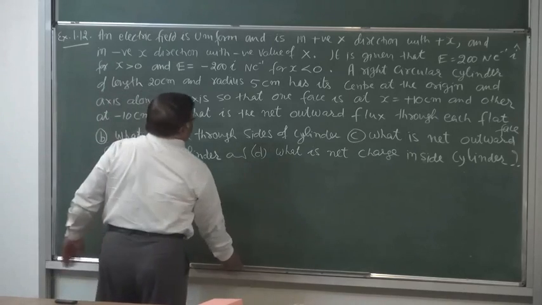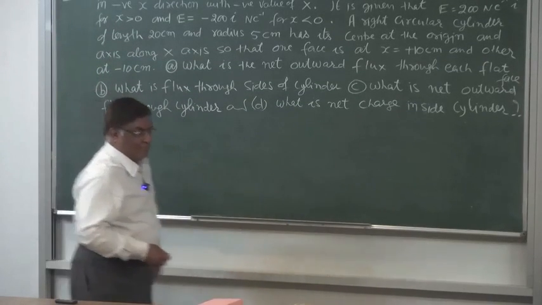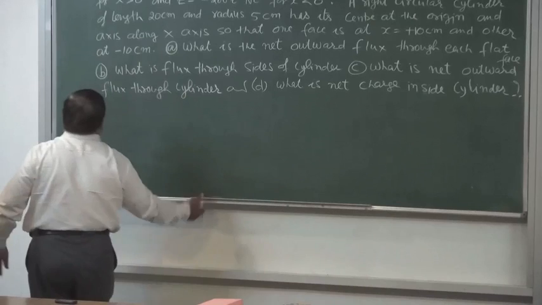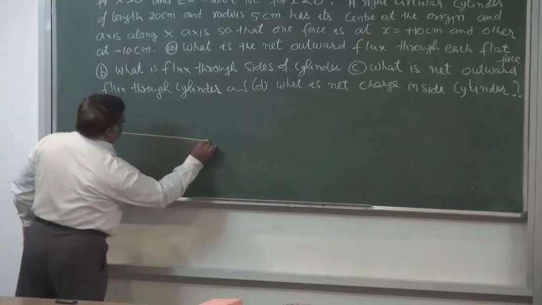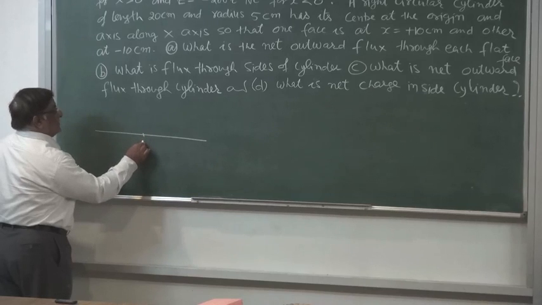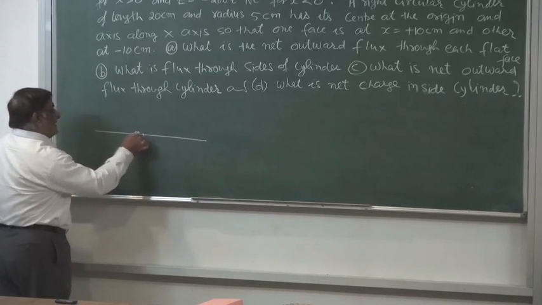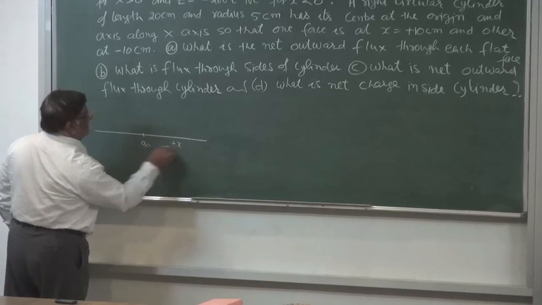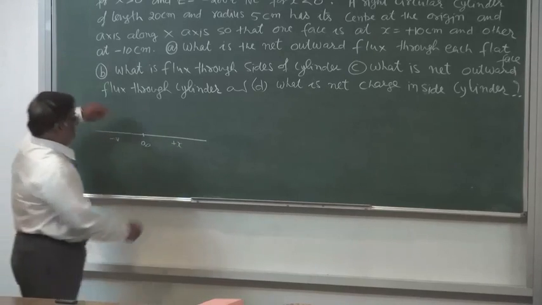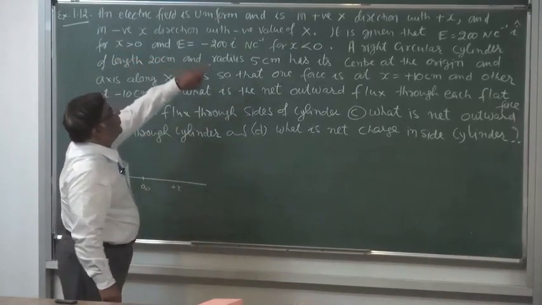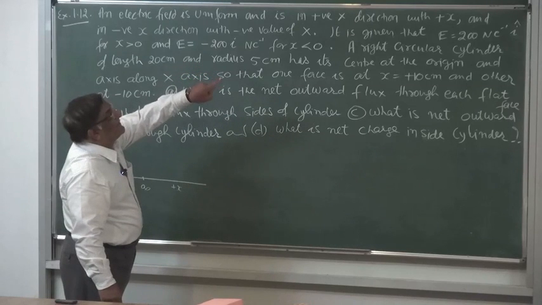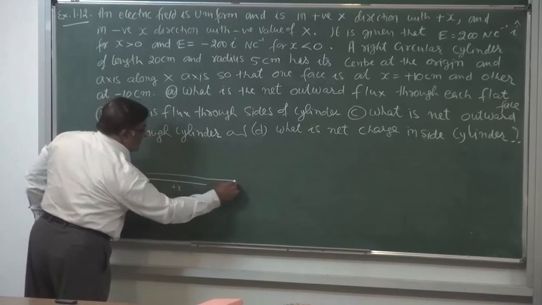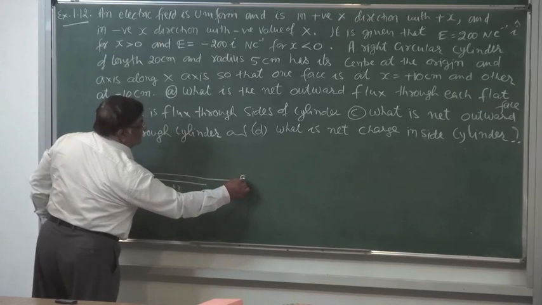Okay. First, let's make the diagram. This is the x-axis and this is our origin, 0, 0. This side is negative value of x and this side is positive value of x. They say the electric field is uniform, it is positive in the x direction of plus x. This is the direction of plus x, so here the electric field is in positive direction.